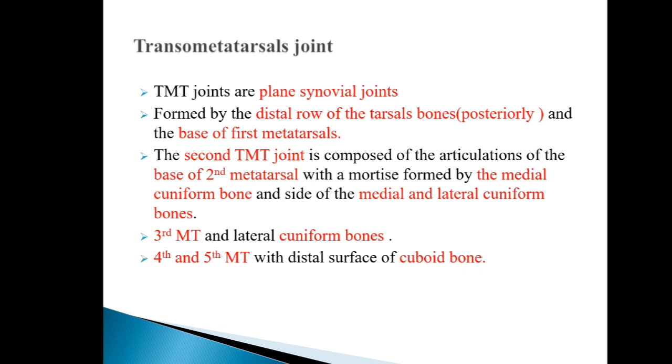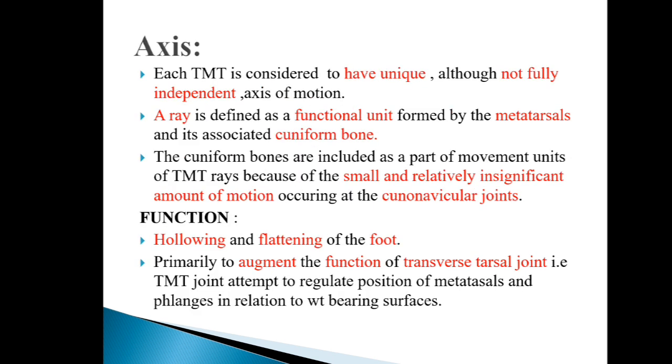Next we have the tarsometatarsal joints, which are plane synovial joints formed by the distal tarsal bones and the base of the first metatarsal. The second TMT joint is composed of the articulation between the base of the second metatarsal and the medial cuneiform and the side of the lateral cuneiform, the third metatarsal and the lateral cuneiform bones, and the fourth and fifth metatarsals with the distal surface of the cuboid bone.